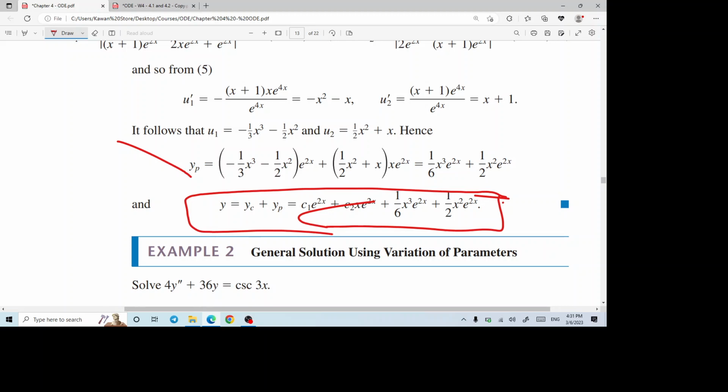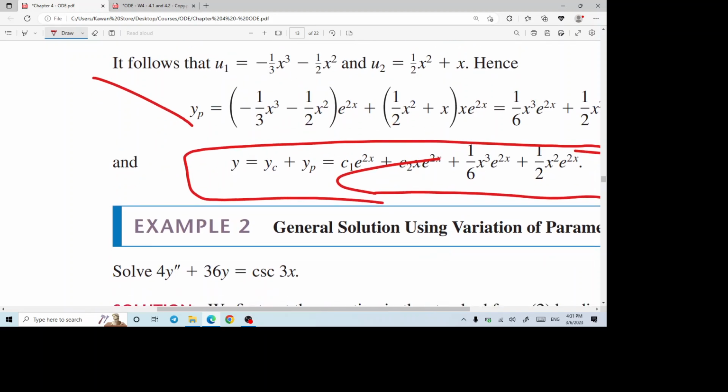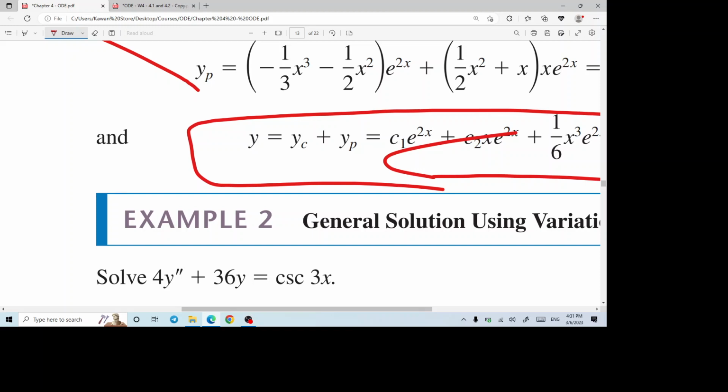Example 2. It looks hard, but actually when you are solving, it's very easy.